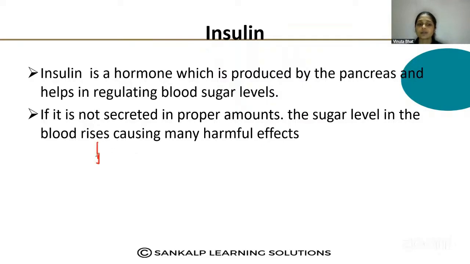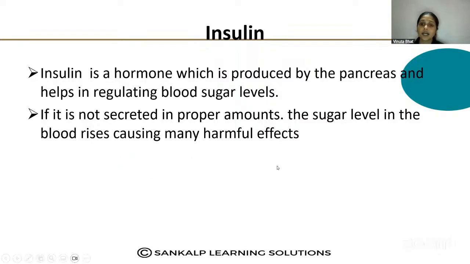Insulin injections are taken directly to control the blood sugar level, and some tablets are taken that help to release the insulin from the pancreas. So this is how insulin is very important in our body.